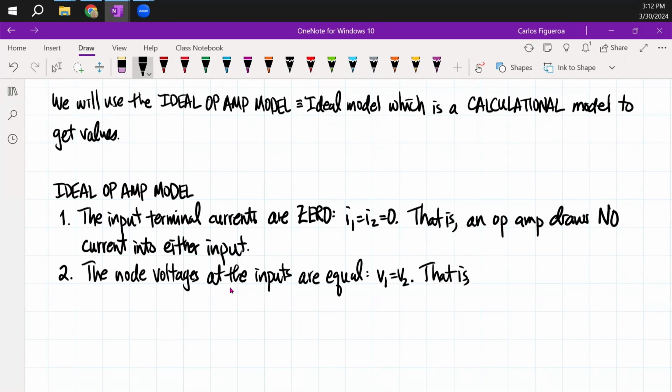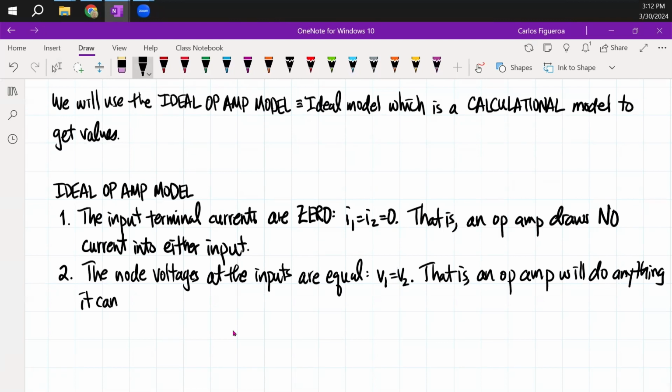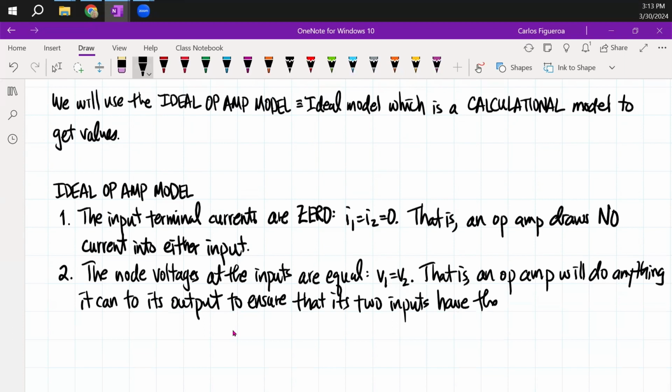That is, an op-amp will do anything it can to its output to ensure that its two inputs have the same voltage.